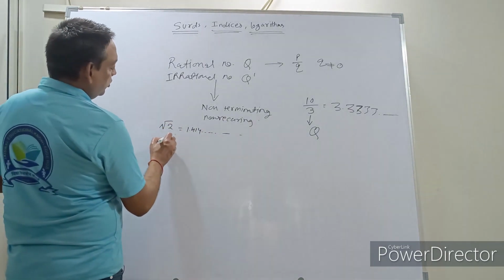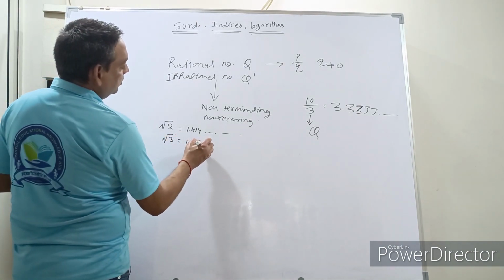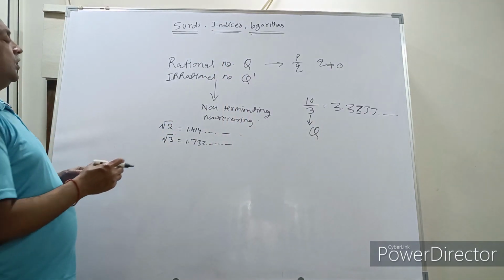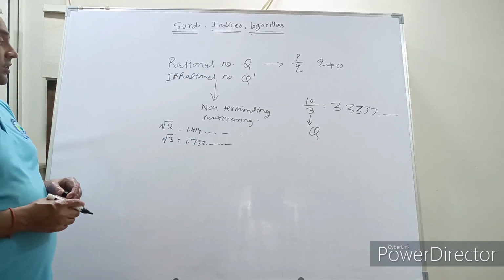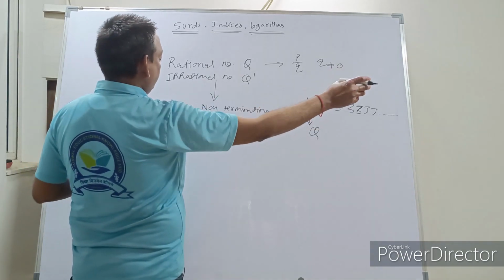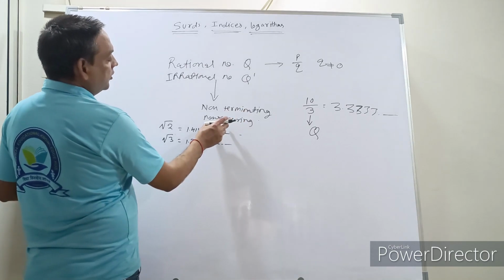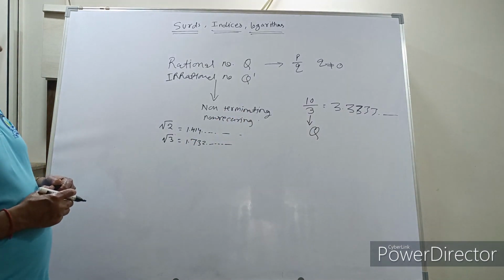Same way root 3 is 1.732 and then it goes on. Since we can get the answer infinitely, it is non-terminating and non-recurring, so root 3 is also an irrational number.